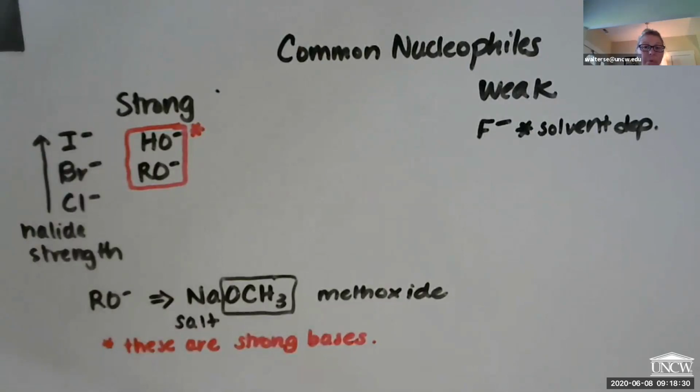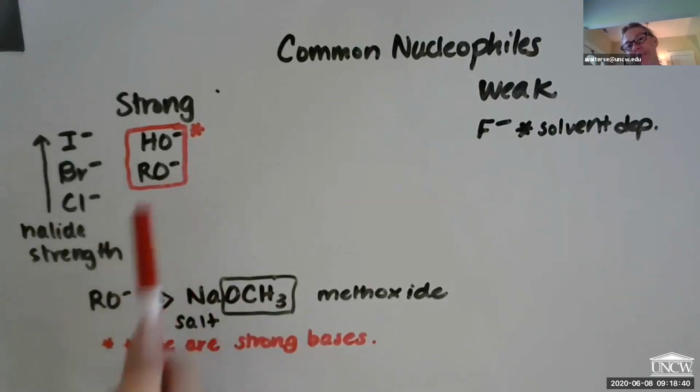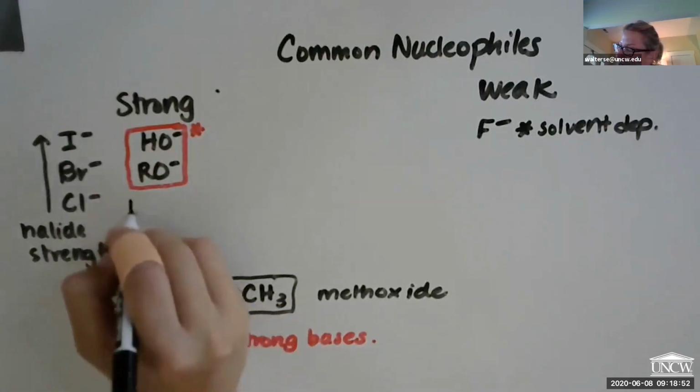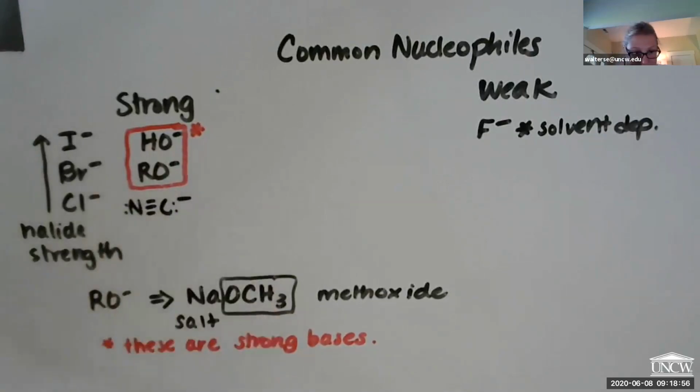And that's important because when we get into chapter 8, we're going to see something similar to this, but we're going to be using these a lot more, but we're going to use them as bases, not as nucleophiles. But just have that in the back of your mind that they're strong nucleophiles, but they're also strong bases. The other strong nucleophile that you've seen, we've talked about this one a little bit in the past, is nitrile.